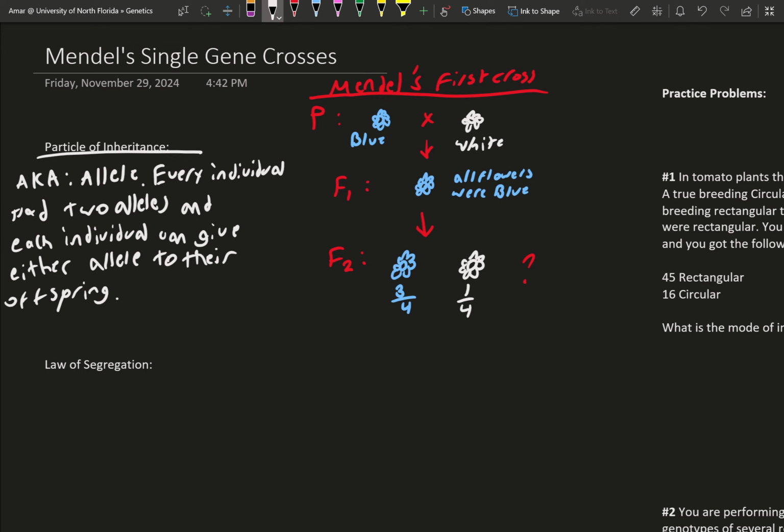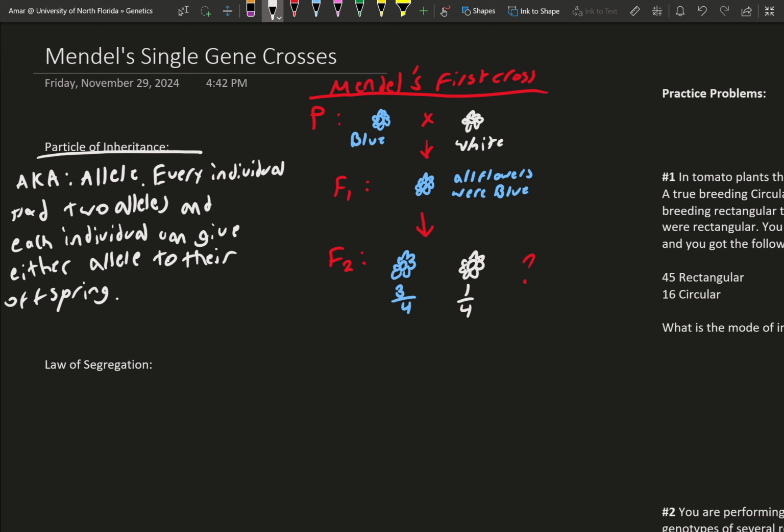So each of these flowers had 2 alleles, and each can give either the dominant allele or the recessive allele. That was basically his assumption.